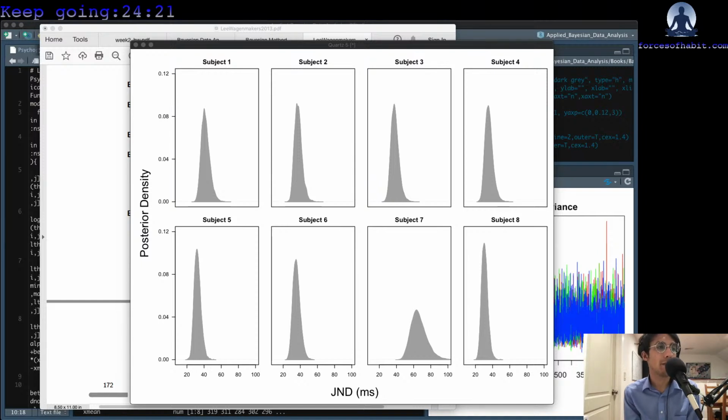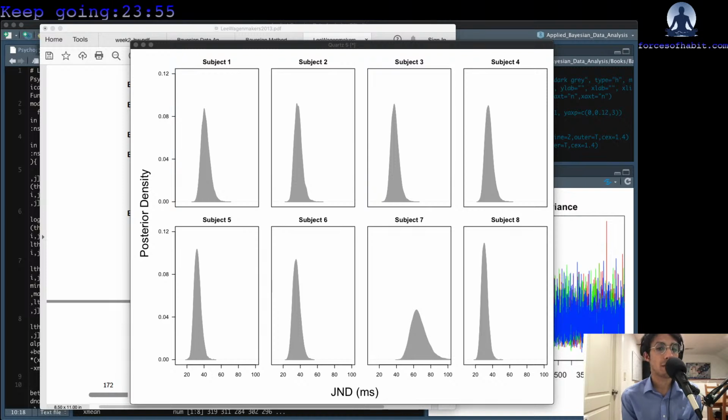Right, my intuition's correct here: a just noticeable difference closer to the left of the axis would indicate better performance, because those subjects are more capable of perceiving smaller differences in variation from the beeps.